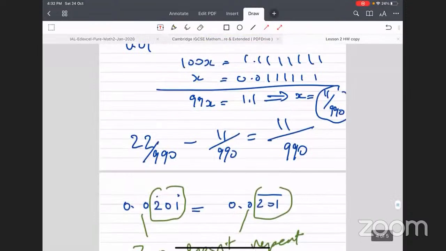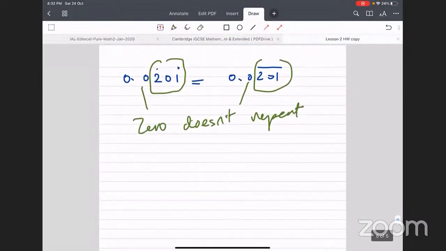I think it's in the syllabus. Okay, what about Cambridge? Okay, recurring.